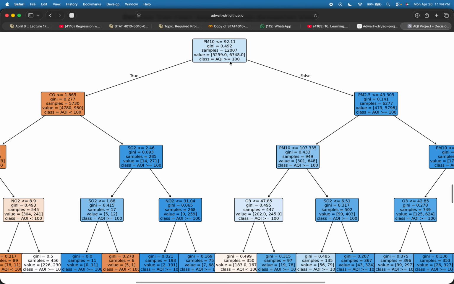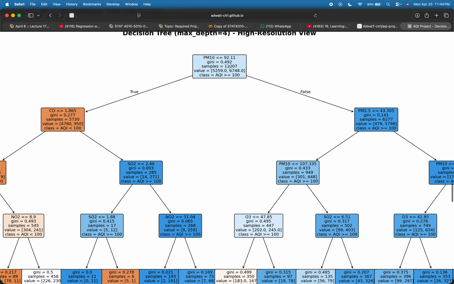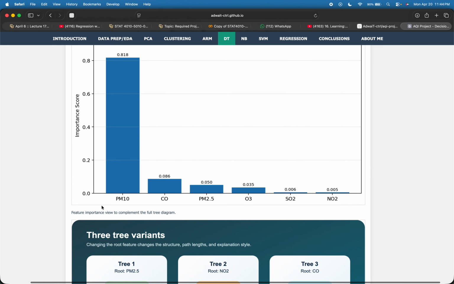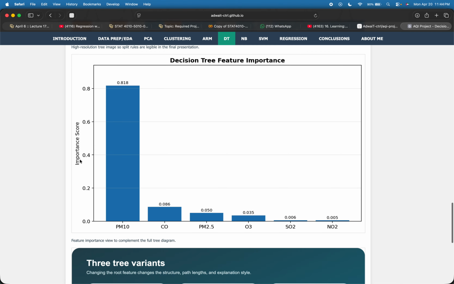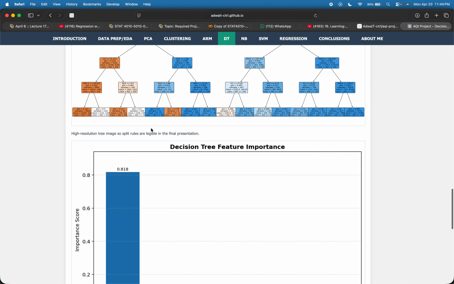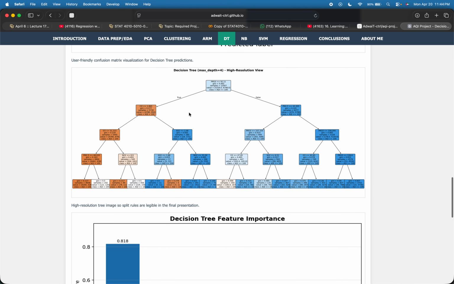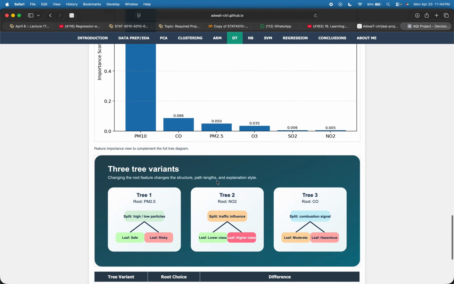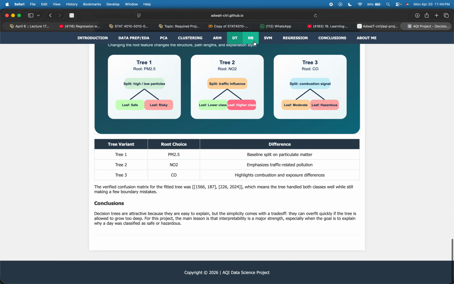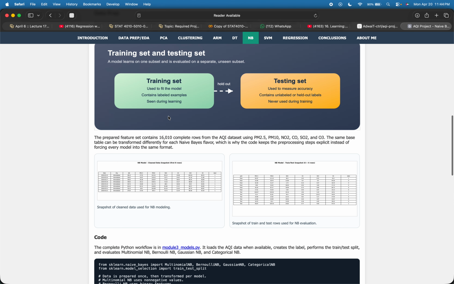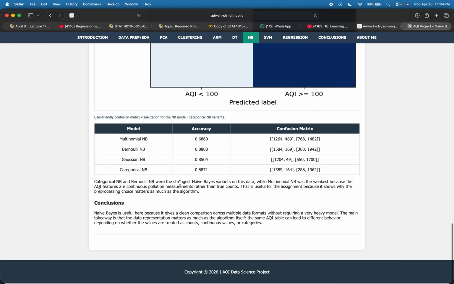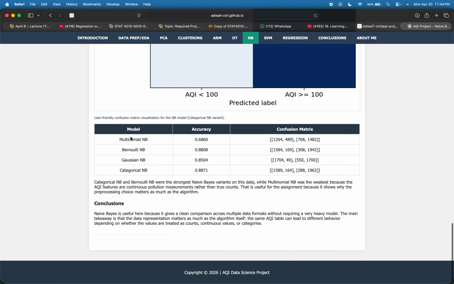By the way, the index used is the Gini index. Samples were around 12,000. Again, consistent results are there. The important score is PM10, which comes out to be the root node. Naive Bayes: there are multiple naive Bayes models that I've run, and it turns out that the categorical and the Bernoulli ones come out to be the best.